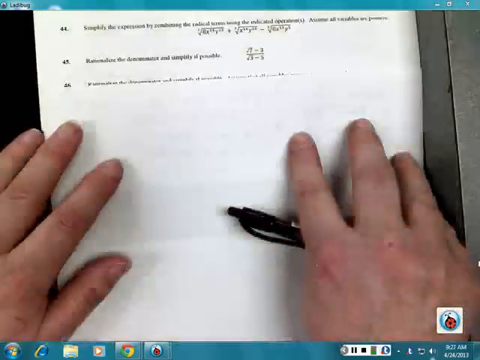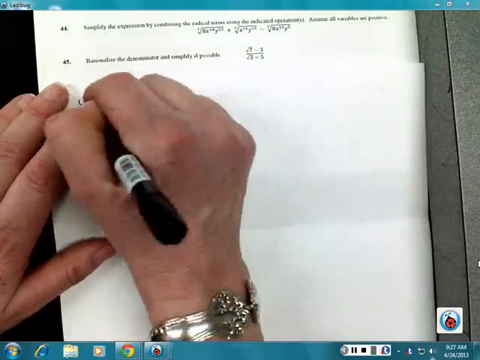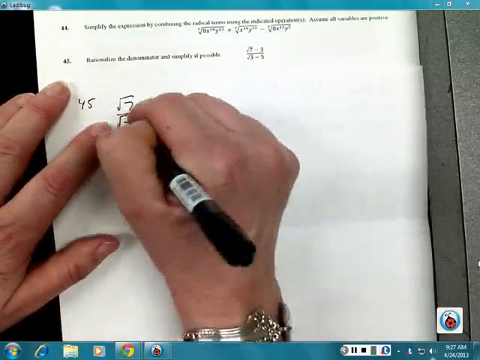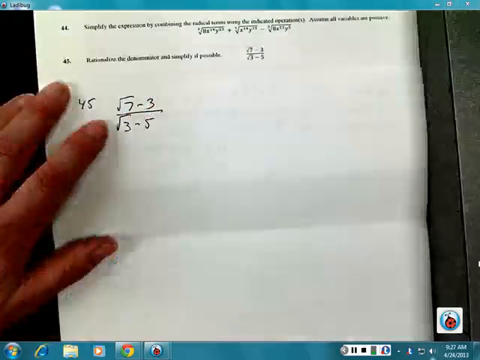45 says we need to rationalize our denominator. So what does that mean? Finding out what to multiply the denominator and the numerator by. No, I can't just get rid of the square root of 3.